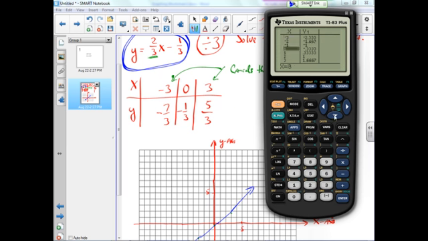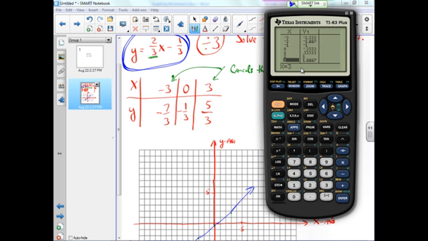And then x equals 0 gives -1/3. And x equals 3 would be 5/3, which is 1.667, to however many decimal places you want to go. So once you put this in here, you can go to the table and find all these nice values without having to do any work.